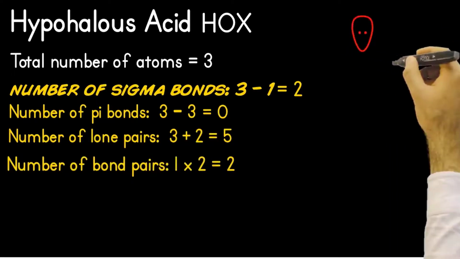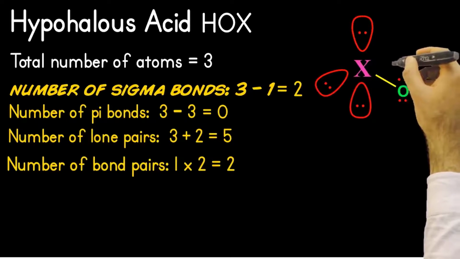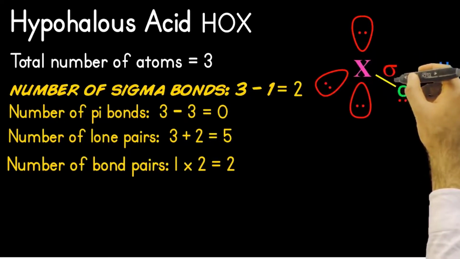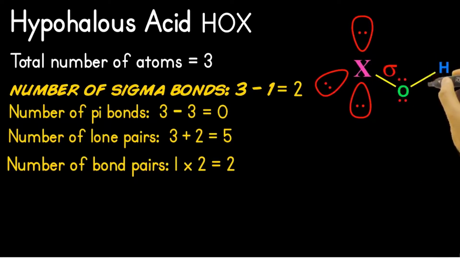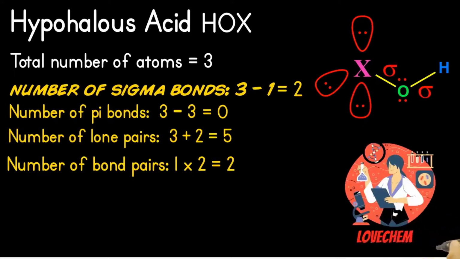So here number of pi bonds will be equal to 3 minus 3. It comes out to be 0. Similarly, number of lone pairs will be 3 plus 2. That comes out to be 5 here. And the number of bond pairs is equal to the number of oxygen atoms multiplied by 2. So here there is only one oxygen atom. So 1 multiplied by 2 equals 2 only.